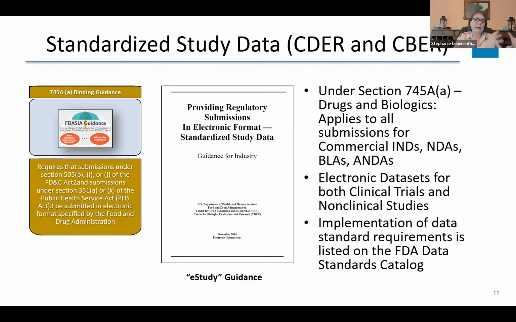But really, it lays out that there are certain applications this applies to, that this pertains to both clinical and non-clinical studies, and that this pertains to CDER as well as CBER. It also outlines the timelines for the implementation of any new updated or brand new data standard that we place on the FDA Data Standards Catalog.